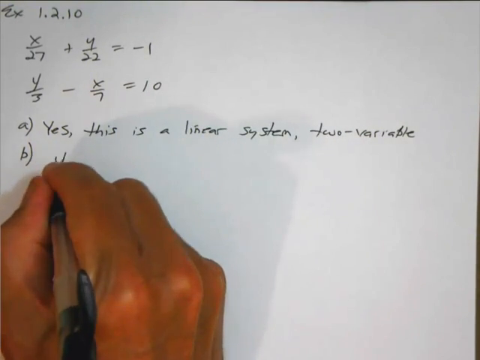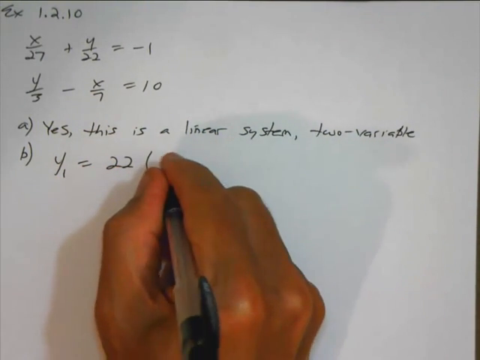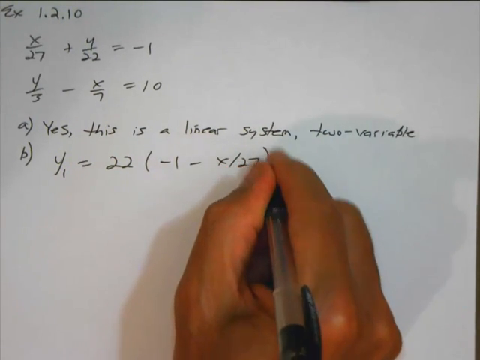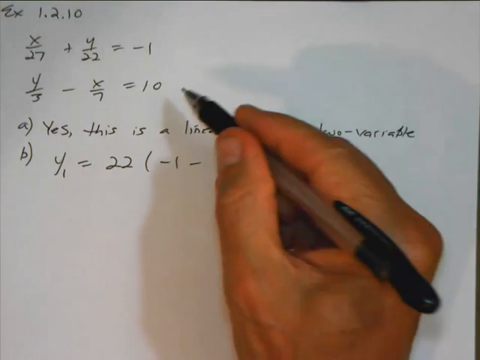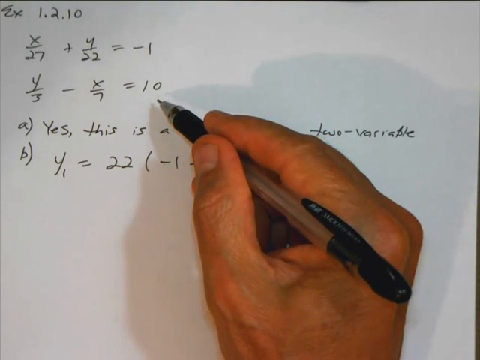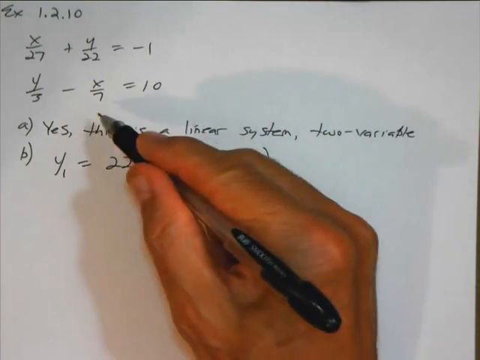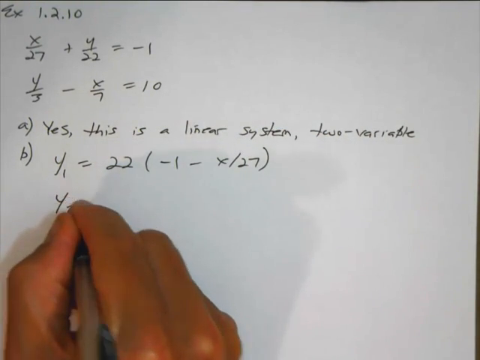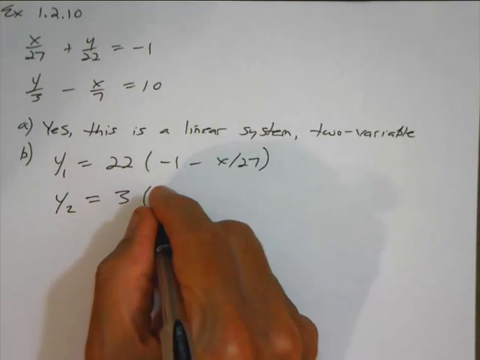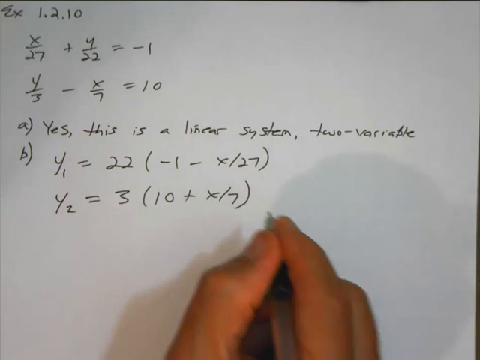We'd have y sub 1 equaling 22 times negative 1 minus x over 27. In the second equation's case, to solve for y here, we could add x over 7 to both sides and then multiply both sides by 3. We'd have y sub 2 equaling 3 times the quantity 10 plus x over 7.